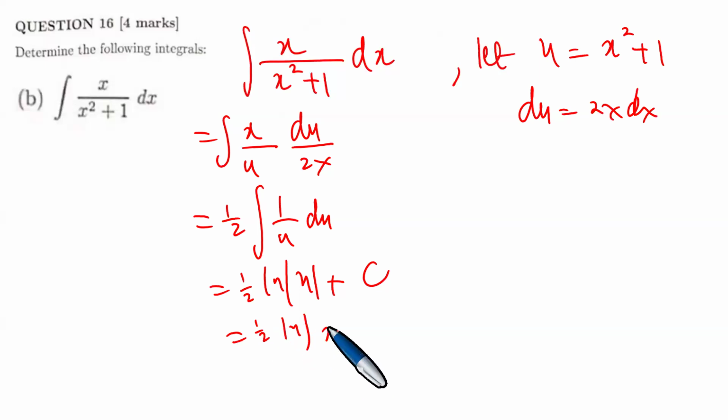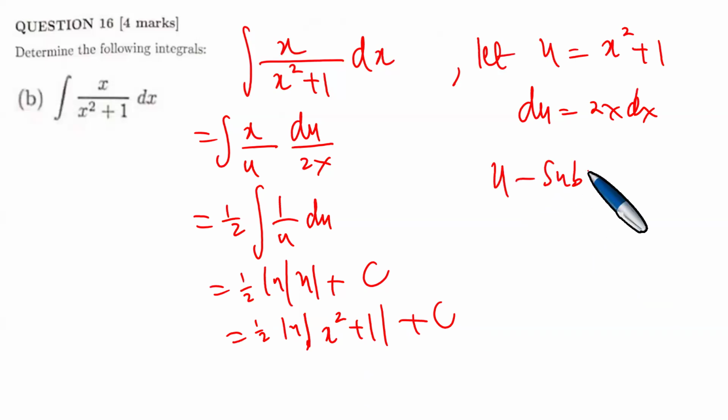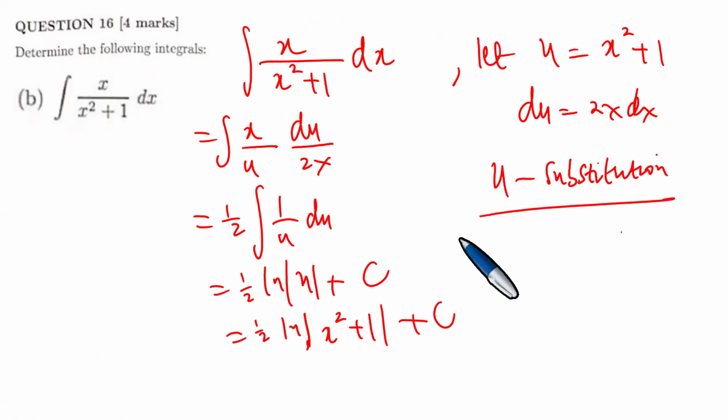The ln of u is ln of x squared plus 1 plus c. In other words, this will be the answer as well, using the u substitution. So using the u substitution, we're able to get the actual result.